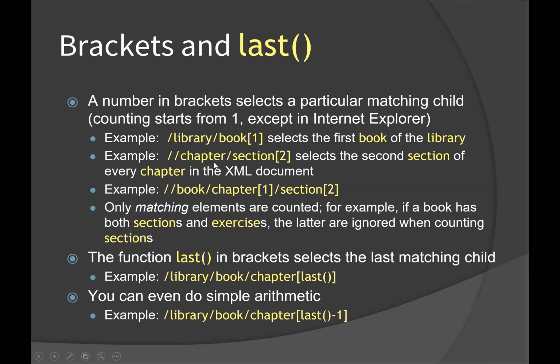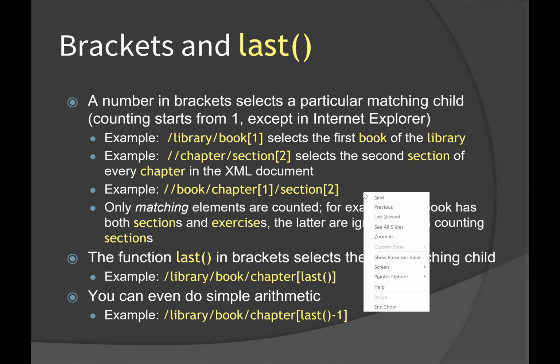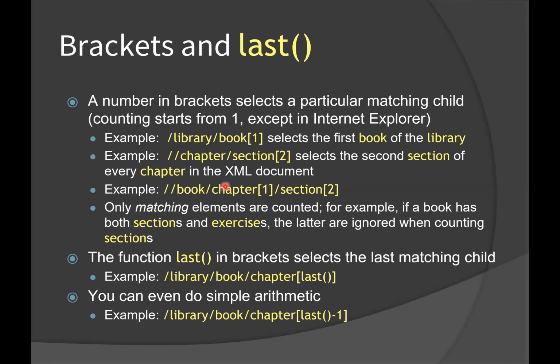Whenever you have forward slash, you read it like: all books, chapter one and second section. Only matching elements are counted. For example, if the book has both sections and exercises, the latter are ignored while counting the sections. There is a function called last. If I want to refer to the last chapter, I can pass last. Or if I want the last but one, I can also do arithmetic operations.